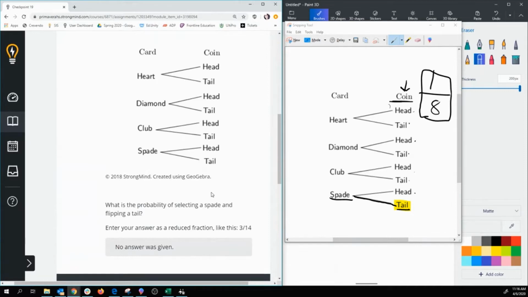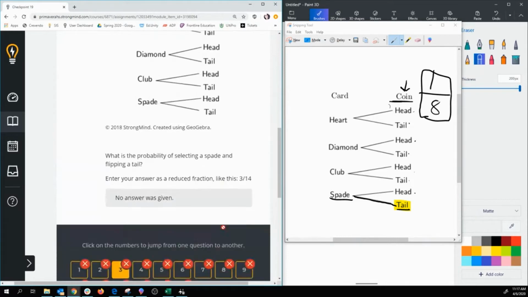If you can't find it still. You found it? Perfect. It's okay, you're fine. There's 15 questions you have to click through, so it's okay if it takes you a second.